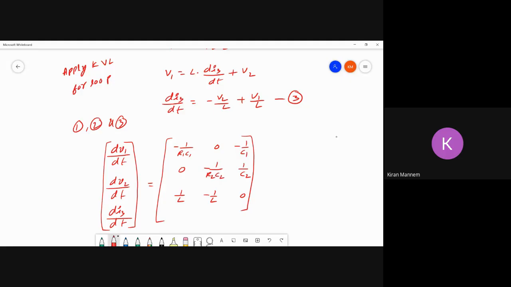Now what are the state variables? V1, V2 and I3. You should keep this order; it must be fixed. Plus the input is 1 by C1, the other terms are 0, multiplying I.